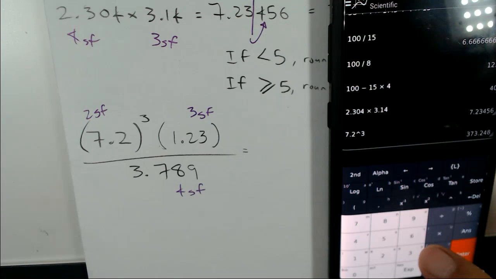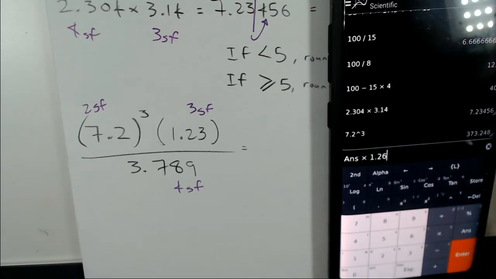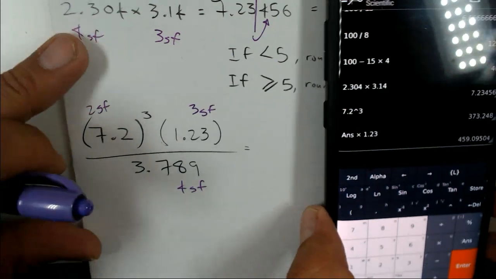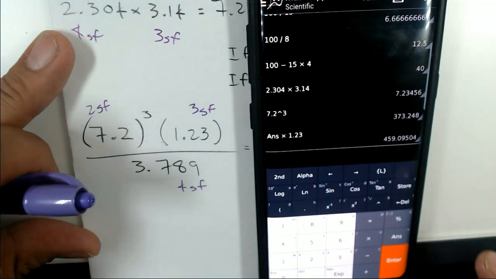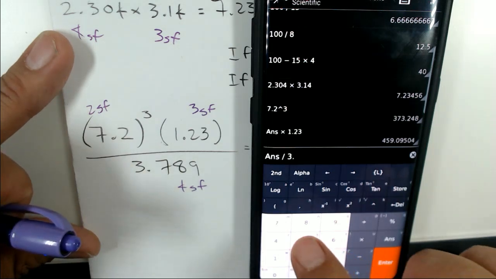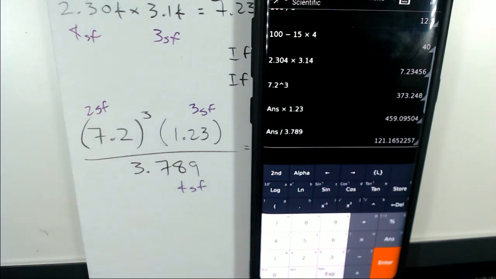All right, and then times 1.23. I'm not a big fan of typing it all as one long string because if you make a mistake, you typically have to do the whole thing over again. So that, and then we have the division step here, 3.789. All right, so there's my answer.